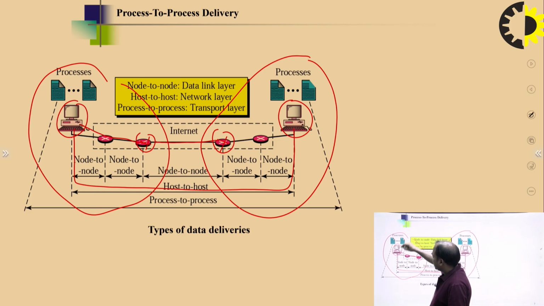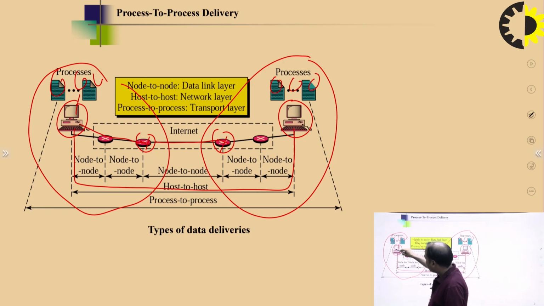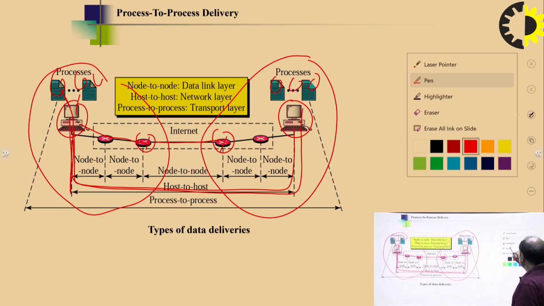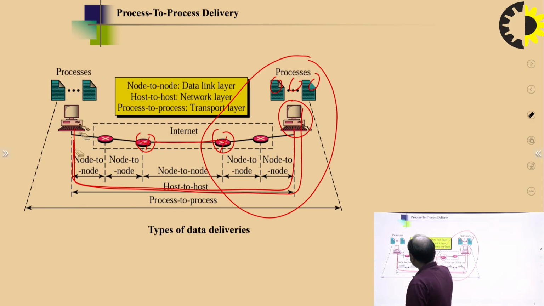In that system or network, different processes are running, several processes at both the sender and receiver side. When we connect the port number of one process to the port number of another process in the sender or receiver system, this is called process to process delivery of data. So process to process delivery is responsible for sending data from one process to another.